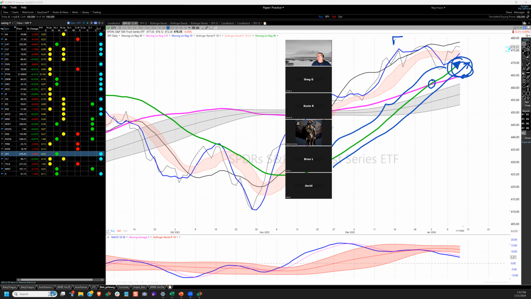But this is happening at the same time that what was a very steep move in the RL30 is starting to flatten out. So what you're having is the RL90 going straight up, but the RL30 starting to roll over.